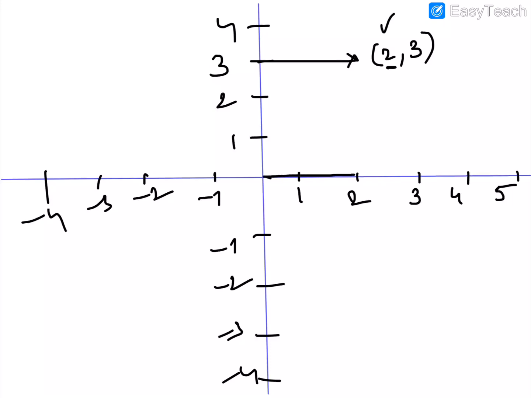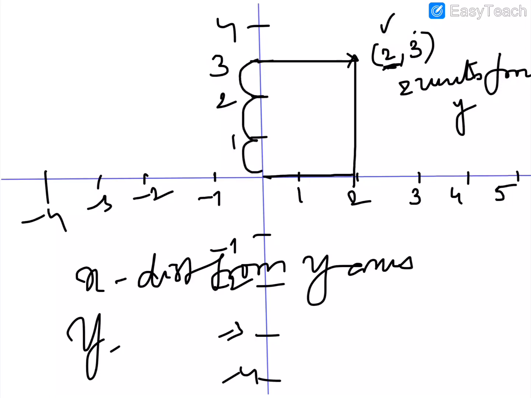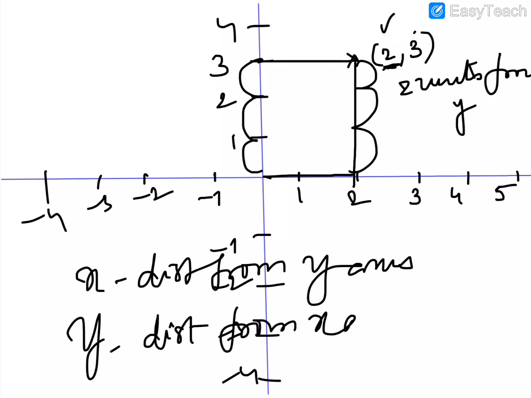So 2 means 2 units from the y-axis. The x coordinate represents distance from the y-axis. Similarly, the y coordinate, that is 3, represents distance from the x-axis. This is 3 units. So the y coordinate represents distance from the x-axis.